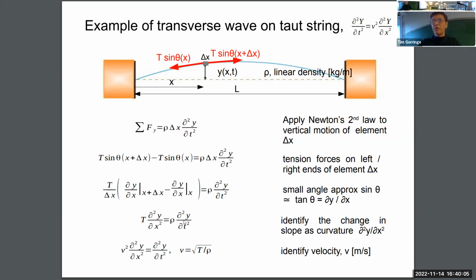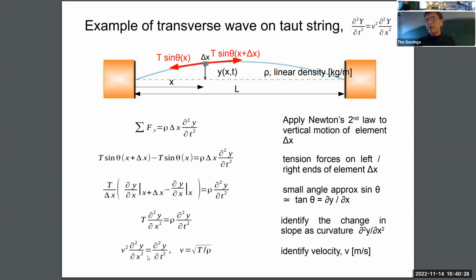And the characteristic of the wave equation is that the second-order differential with respect to the position coordinate is in proportion to the second-order differential with respect to the time coordinate. And the coefficient of proportionality is actually related to the speed of the wave along the length of the string. And you can see it has those units.